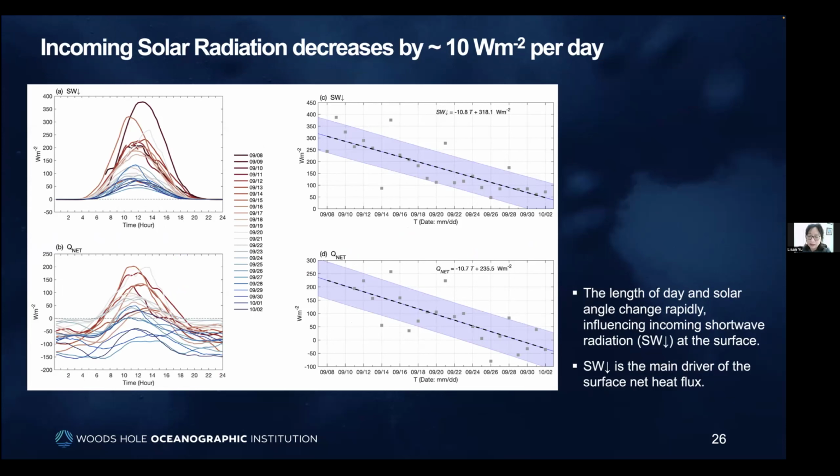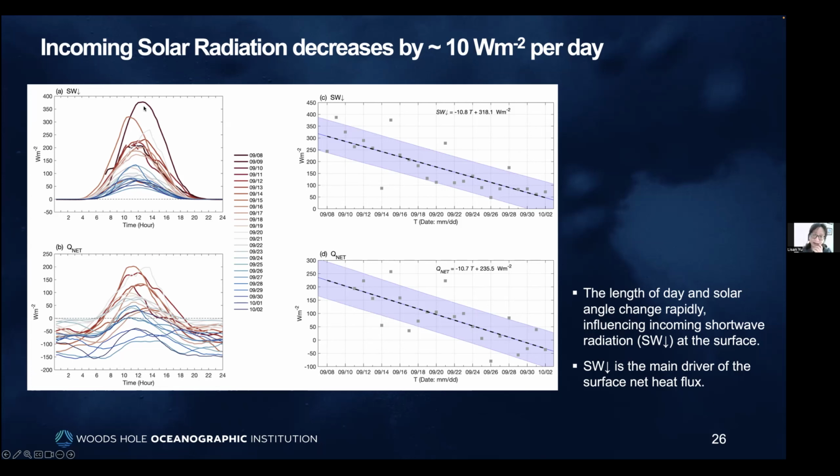So in this plot, I compiled the diurnal cycle of downward solar radiation, and the color indicates the days. Each line is color coded by the date, and you can see from the beginning towards the end of the cruise, the amplitudes of downward radiation have reduced very rapidly.